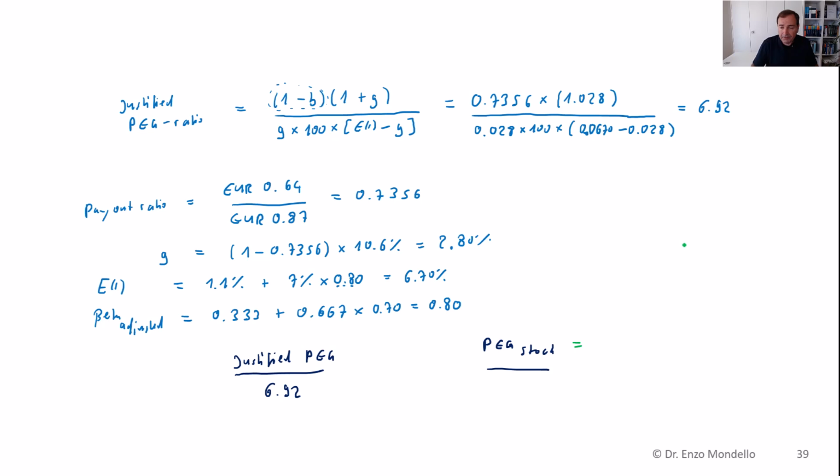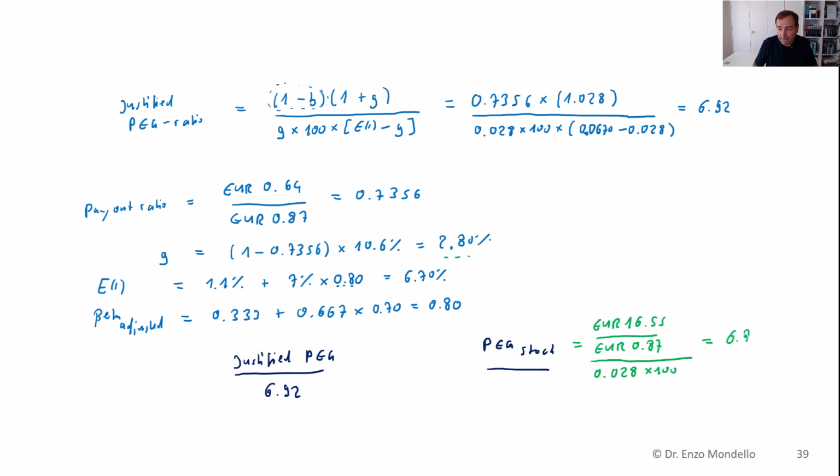We take the traded share price of 16.55 euros and divide that by the earnings per share of 0.87 euros, and that's divided by the growth rate, which is 2.8%, so 0.028 times 100.